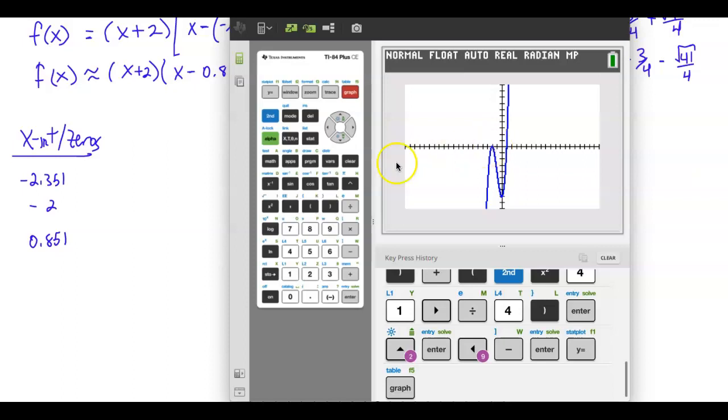But we see that that's not true. What we're actually seeing here is that there are 2 zeros that are really close together. So this graph really just kind of skirts, it hits the x-axis, skirts over just a little bit, and then comes right back down.